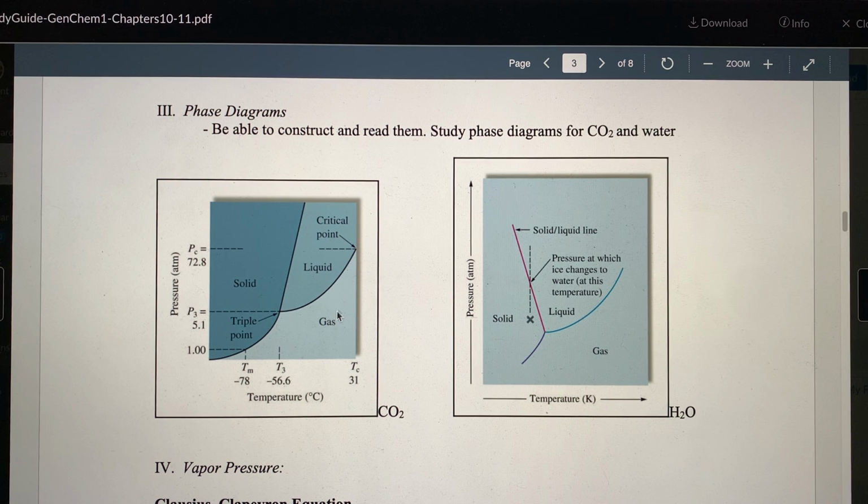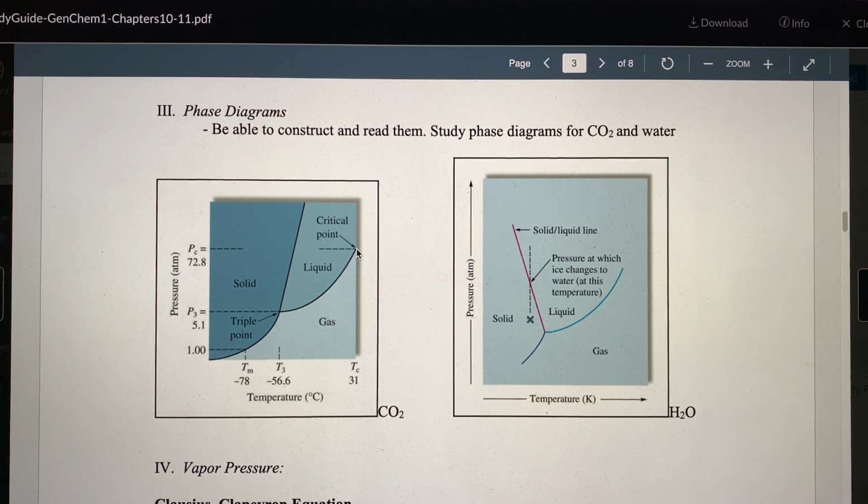So beyond that, the gas phase takes over. That's why the graph ends right there. Beyond that, it's too hot for CO2 to be a liquid. Doesn't matter what pressure you apply, it's always going to be a gas beyond 31 degrees Celsius. That's what it means.